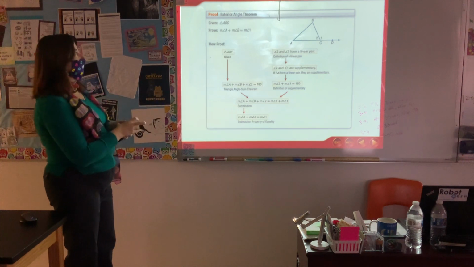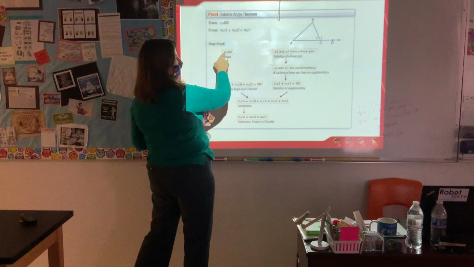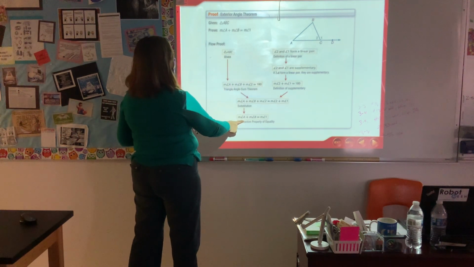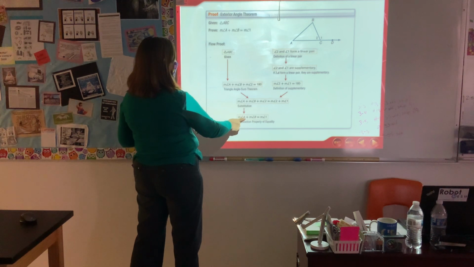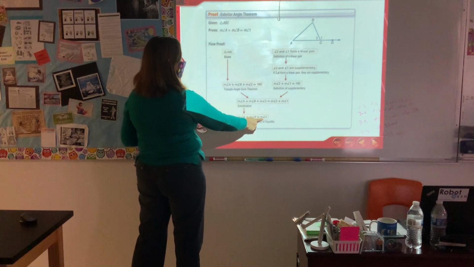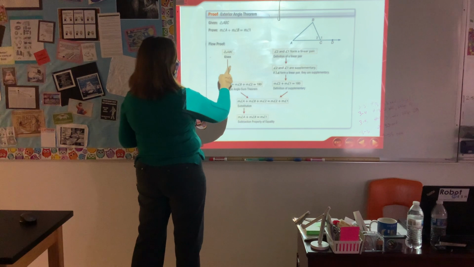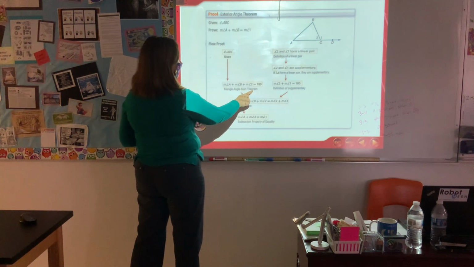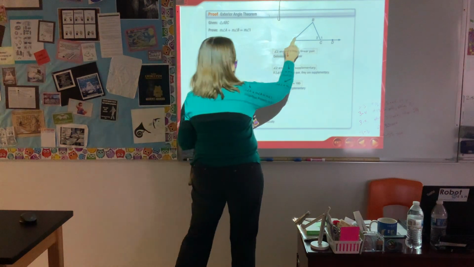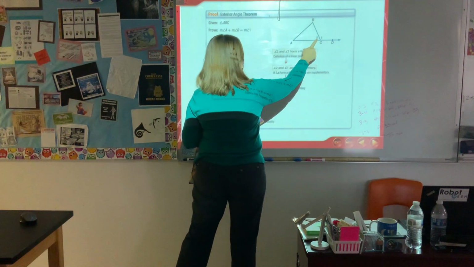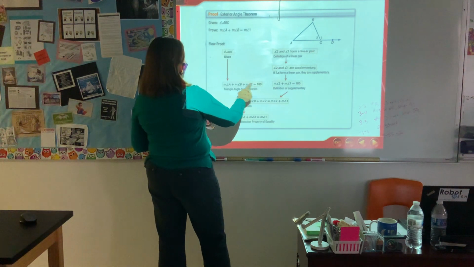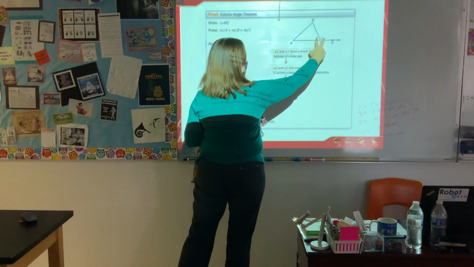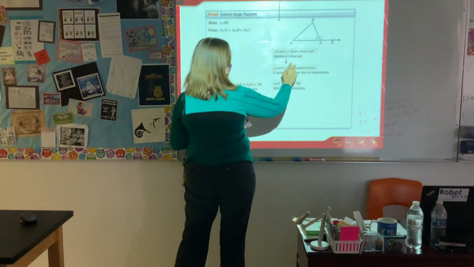So here, they show that the given is this particular triangle. We're trying to get to this point where the measure of angle A plus the measure of angle B equals the measure of angle 1. So they go from here to the triangle angle sum theorem, where they take these three angles and sum them together to equal 180. Angles 1 and 2 on this side form a linear pair.